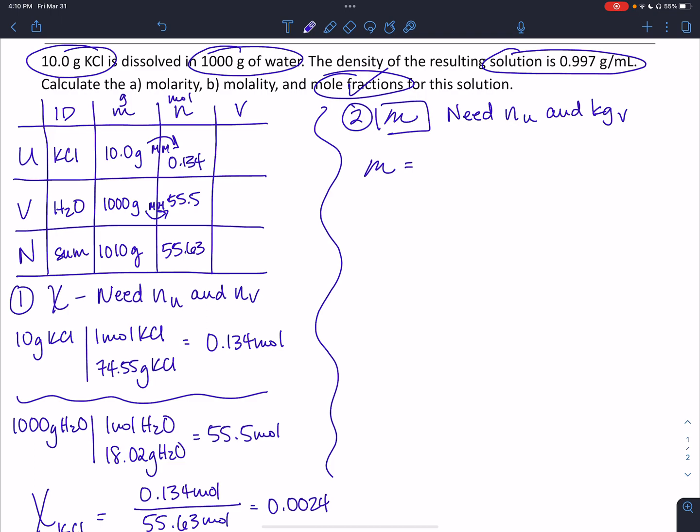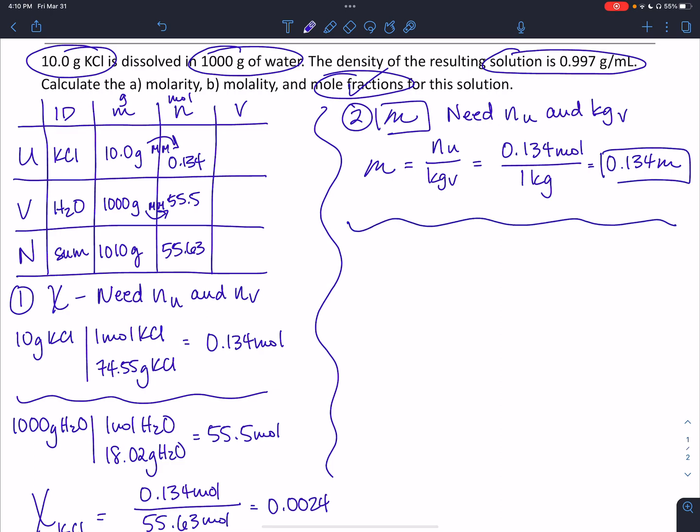So molality equals moles of solute divided by kilograms of solvent. In this case, I found that my moles of solute were 0.134 moles. I have 1,000 grams, and if I divide that by 1,000, that means I have 1 kilogram. So this solution is 0.134 molal. That one was pretty straightforward.